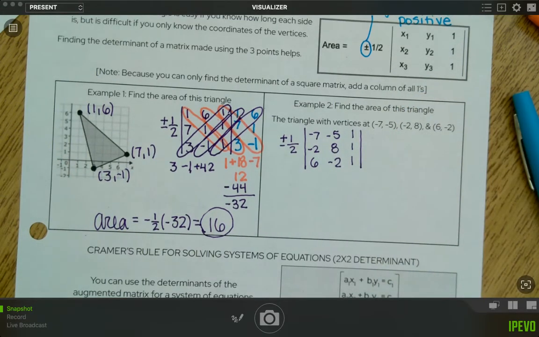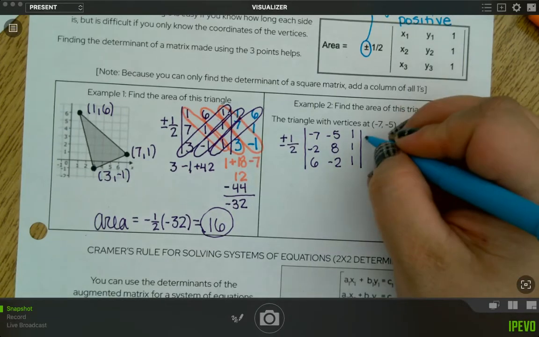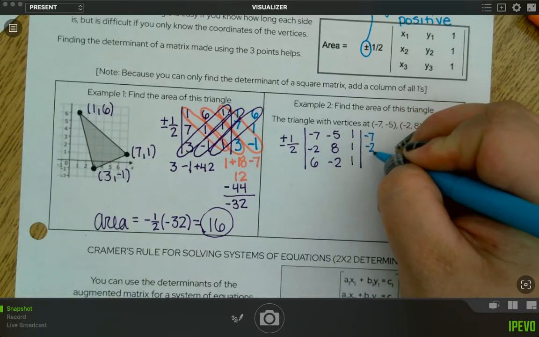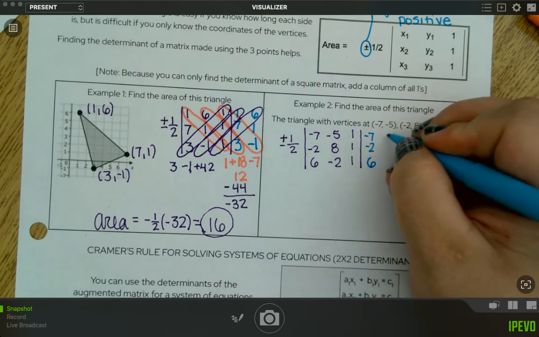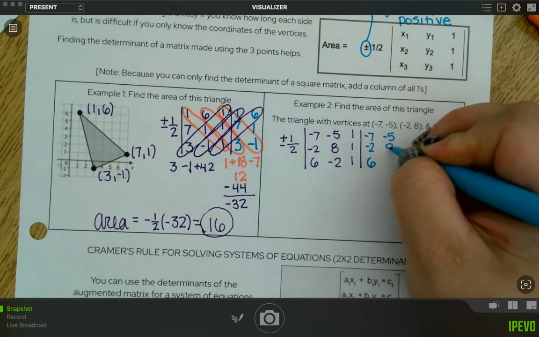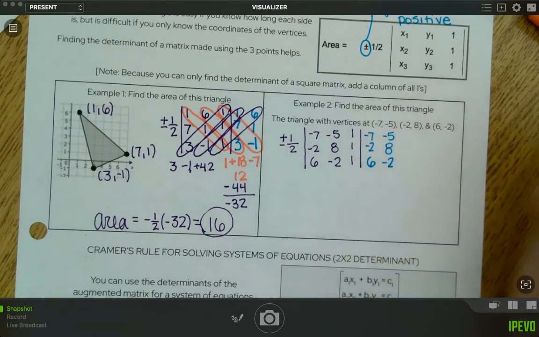Then, same deal as last time, copy the first column, copy the second column, so that we have our diagonals set up.